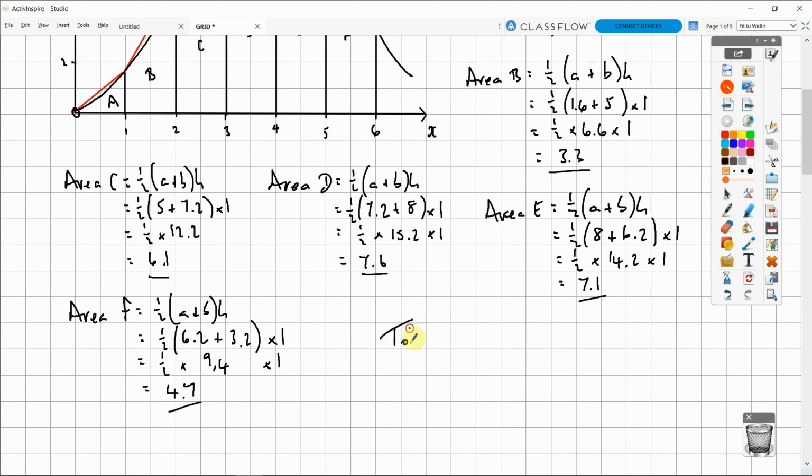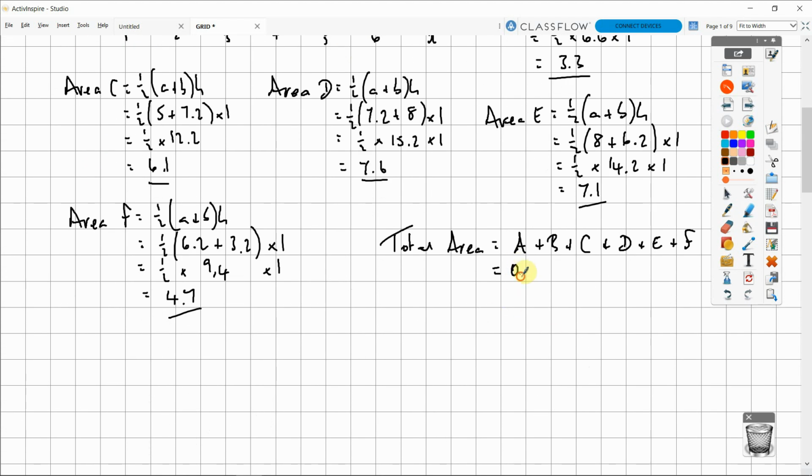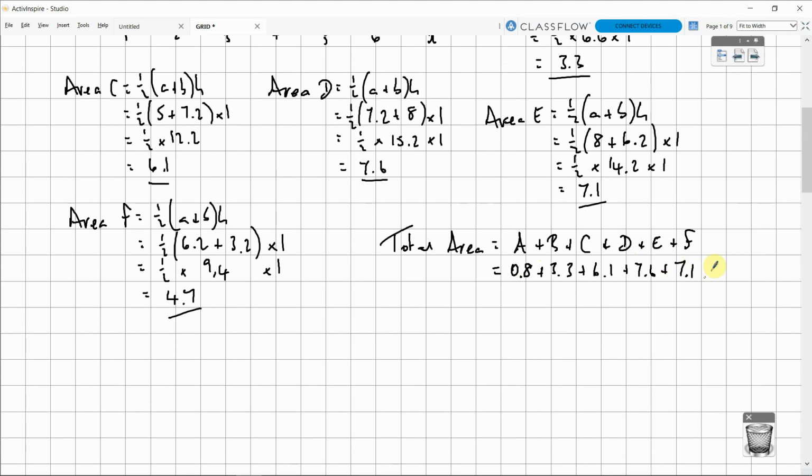The total area equals all of these added together. Area A, if I scroll back up, was 0.8, B 3.3, C 6.1, D 7.6, E 7.1, and F 4.7.